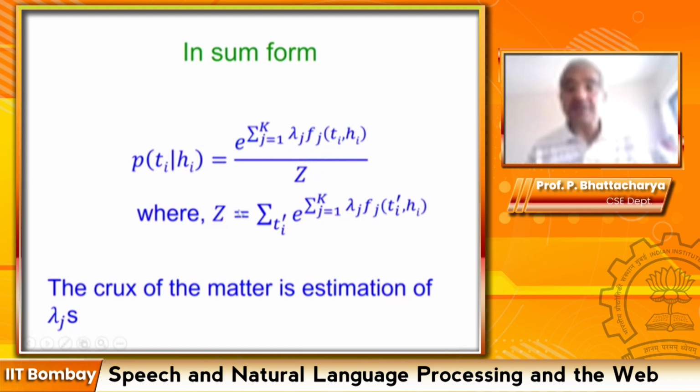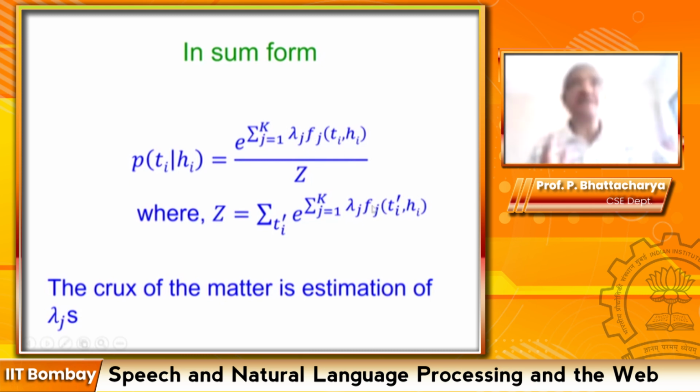And what is Z? Z is the same quantity as in the numerator, only this quantity is summed over all possible tags from the tag repository. If I talk about part of speech tagging, then it is all possible tags in the tag repository. Universal tags, there are 12 tags. Penn Treebank tags, about 40 tags.